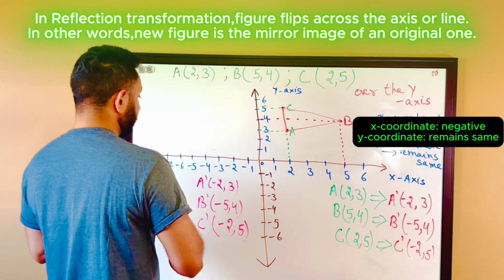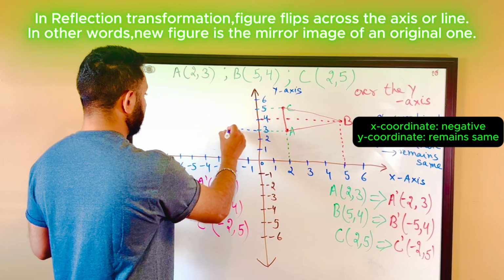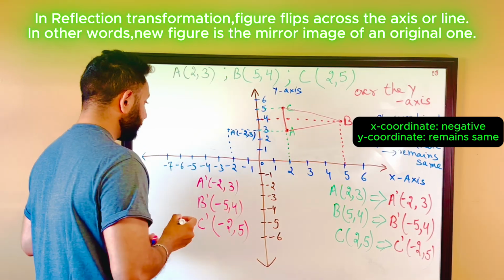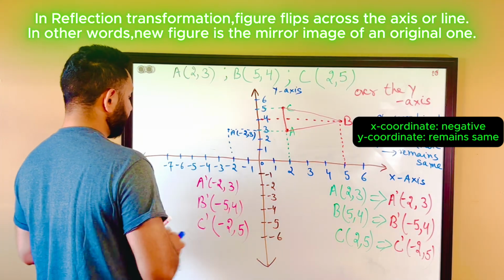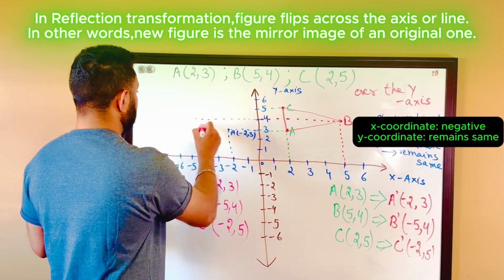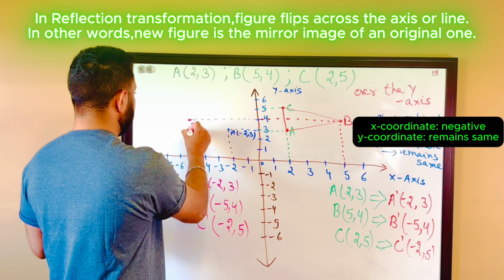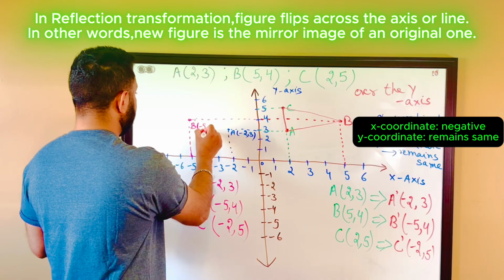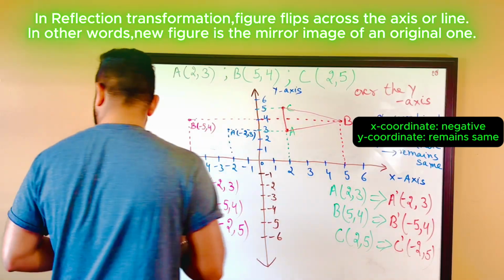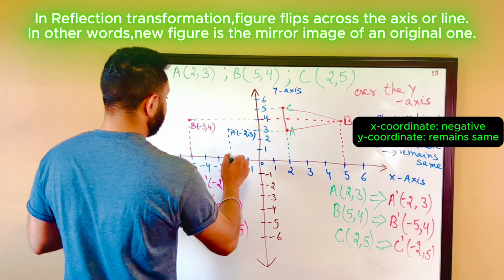So -2 and 3. Here, A. That is -2 and 3. And B is -5 and 4. So this is B. And C is -2 and 5.